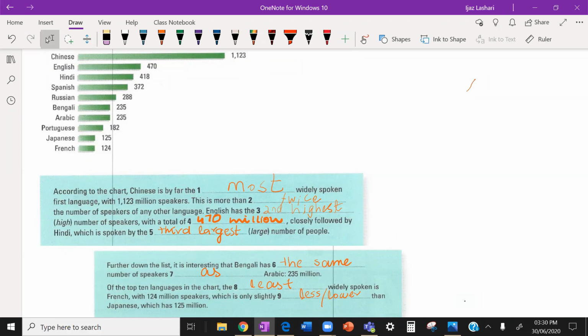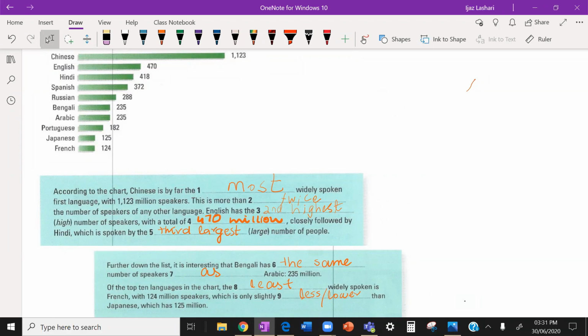Further down the list, it is interesting that Bengali has the same number of speakers as Arabic, 235 million. Of the top 10 languages in the chart, the least widely spoken is French, with 124 million speakers, which is only slightly less than or lower than Japanese, which has 125 million.